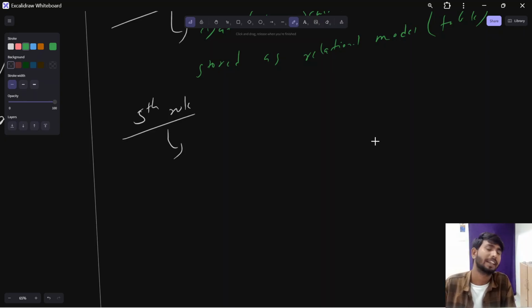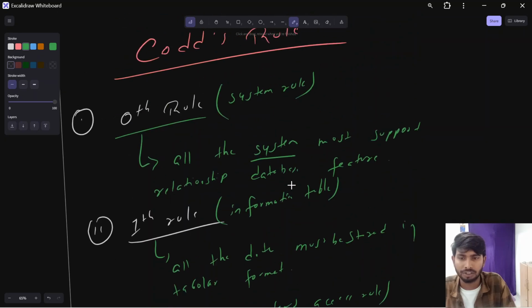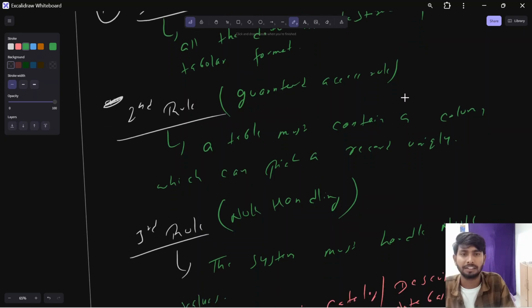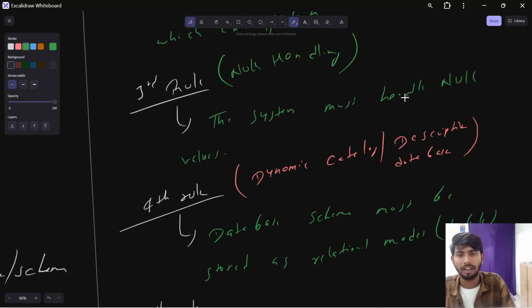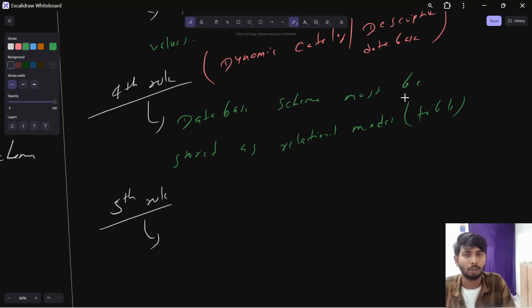Second is that all the data is stored in tabular format. Third, the zeroth is the system rule, stored in the tabular format. Then the guaranteed access rule: there is the primary key, and null handling supports the null. And then fourth, a dynamic catalog or descriptive data. Dynamic schema stored as a table.